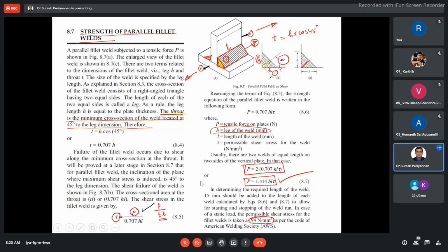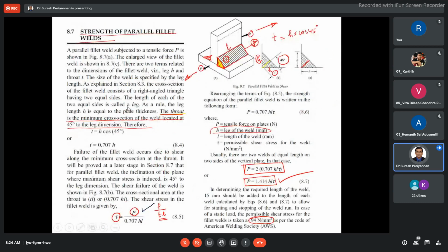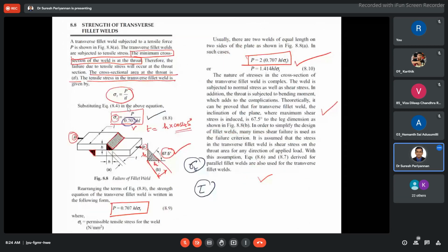And this is the strength of the transverse fillet weld. In a parallel fillet weld, the weld is subjected to shear; in a transverse fillet weld, the weld is subjected to tensile stress. Very important. You may expect this kind of question in your competitive exam and even in objective papers. Sigma T is equal to P by 0.707 HL, where H is the leg length and L is the length of the weld.